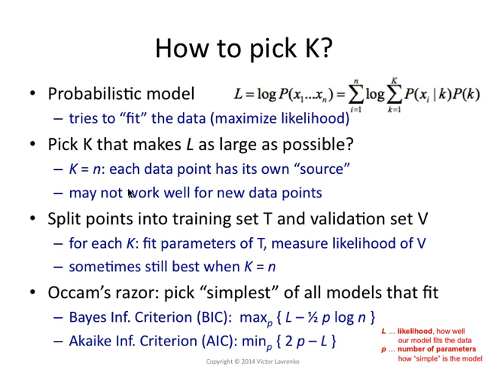This quantity, 1/2 p log n, and this quantity, 2p, are reflections of how complicated the model is. They're based on this parameter p, which is the number of parameters you have in the model. In the general sense, you're talking about the total number of parameters, not the number of Gaussians.